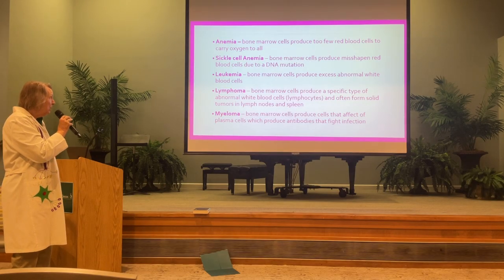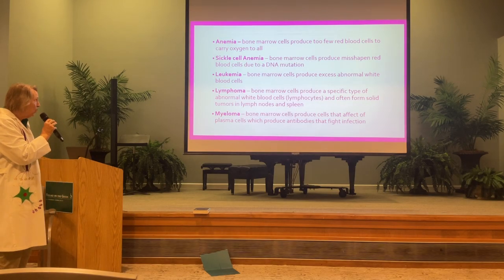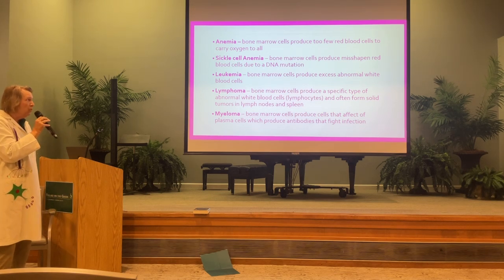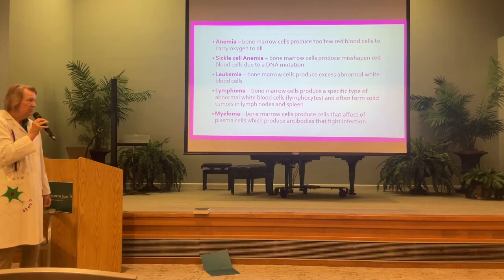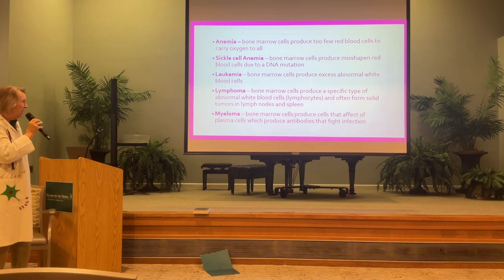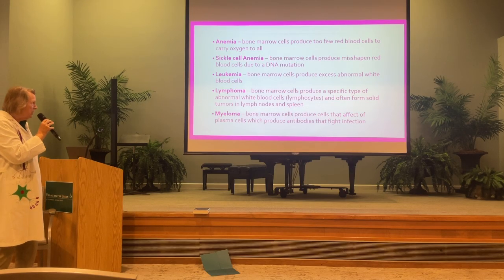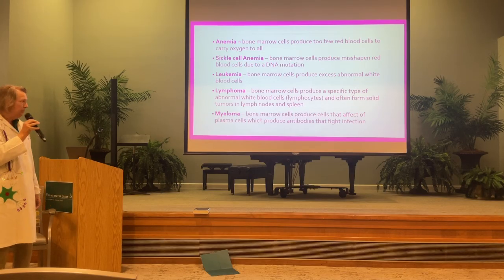Leukemia is another type of blood disorder where the bone marrow produces too many of the wrong kind of white blood cells. And lymphoma is when they are producing a specific kind of abnormal white blood cells, and also often collect or form tumors in the lymph node and the spleen.